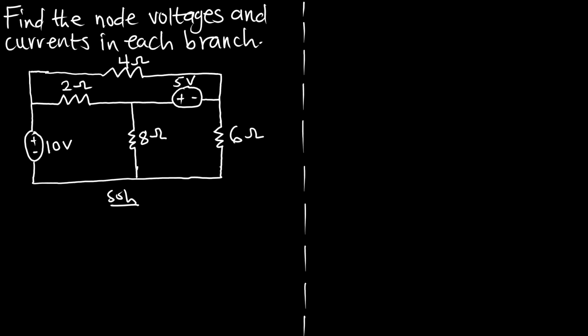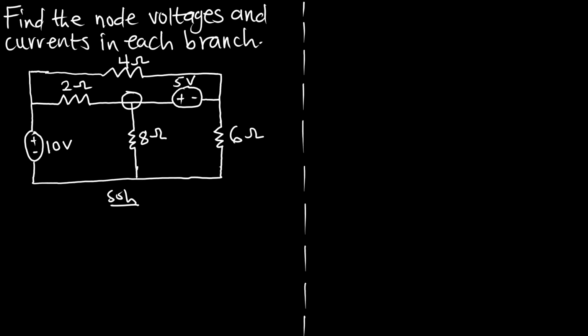So first we have to identify the number of nodes. Here we have node 1, node 2, node 3, and node 4. Are you okay? So our first idea is to ground one of the nodes and make it the reference node.